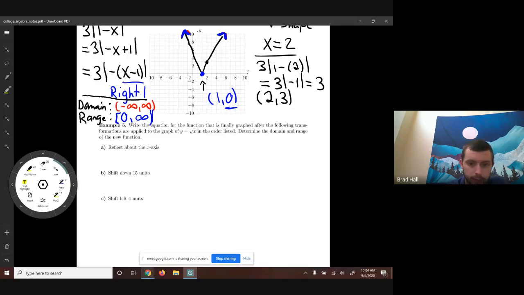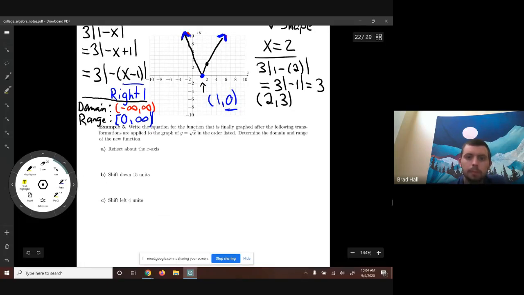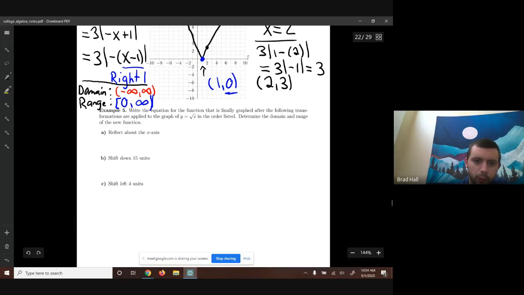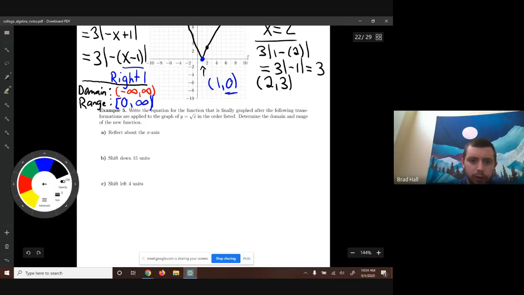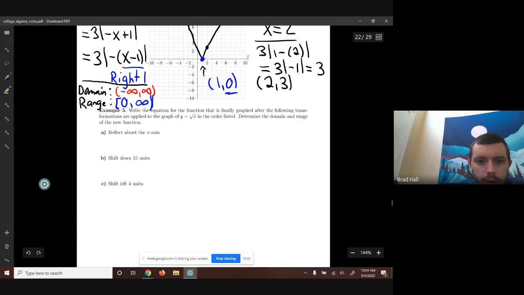If not, then I wanted to change up example 5 a bit because I was getting a few questions about one in particular that I think is a little bit more pertinent to the assignment.